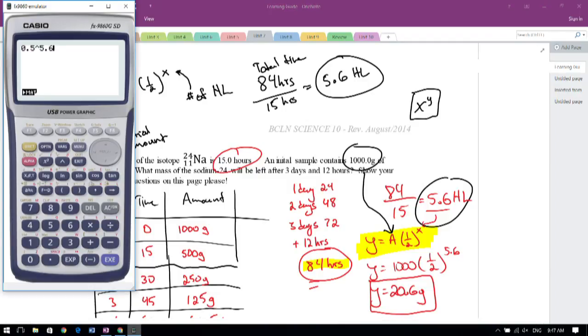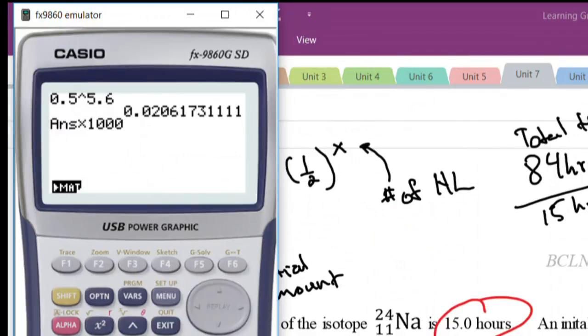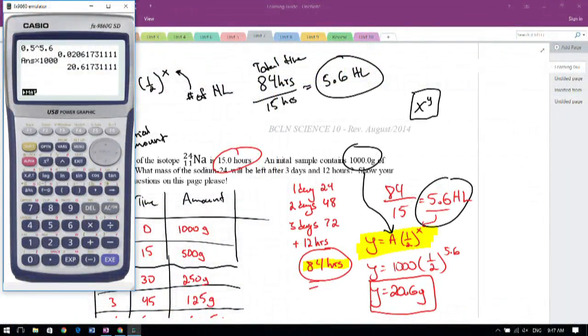Just depends on your calculator. Anyways, I'm going to hit enter, and I get this number, and then I'm going to multiply that by my initial amount, which is 1,000 grams. So I get 20.6. So I estimated it to be around 20. When I use the formula, it's 20.6.